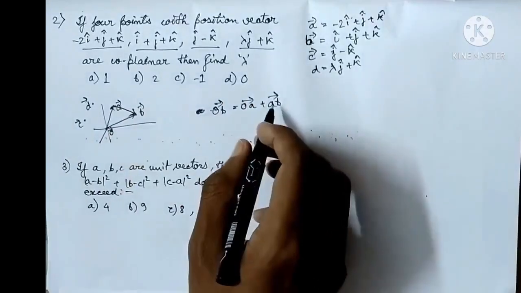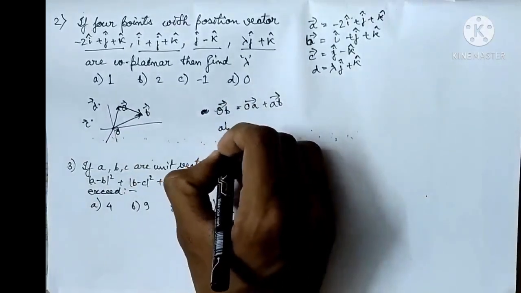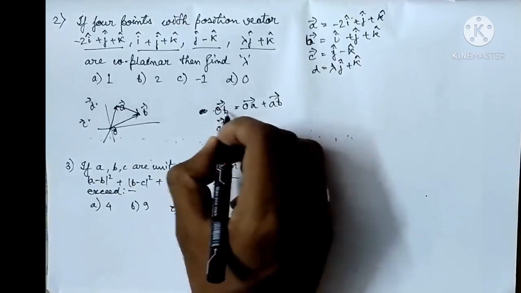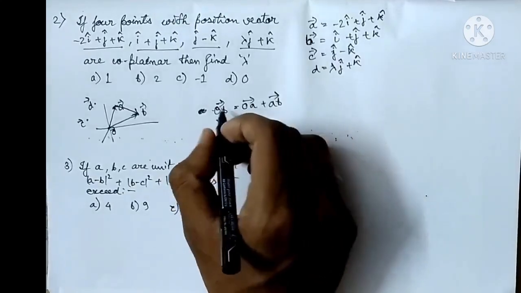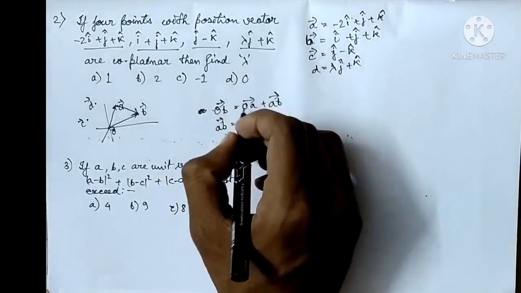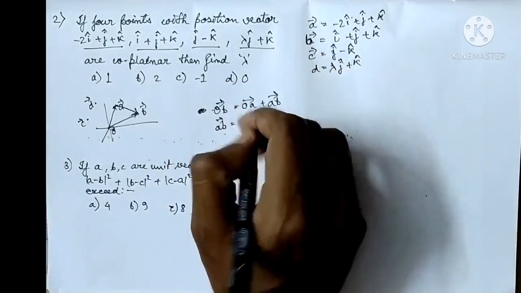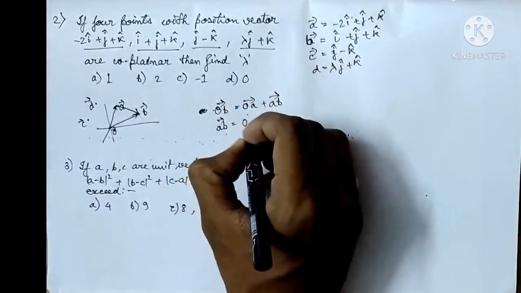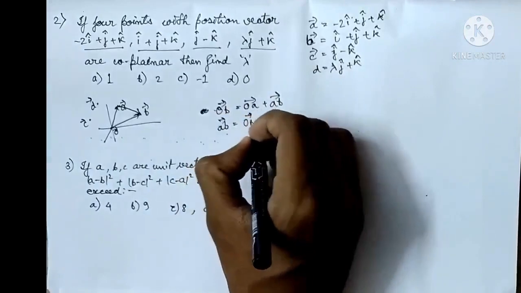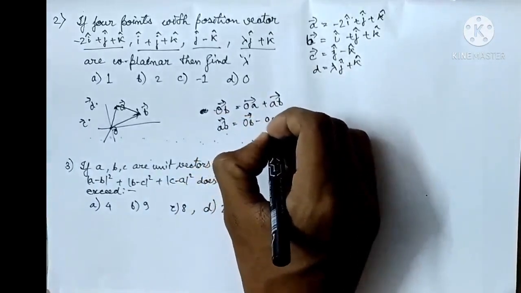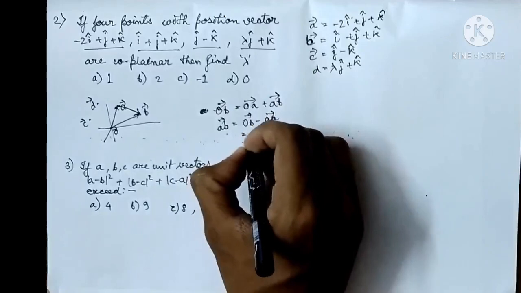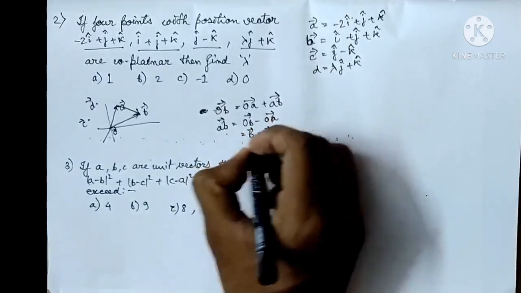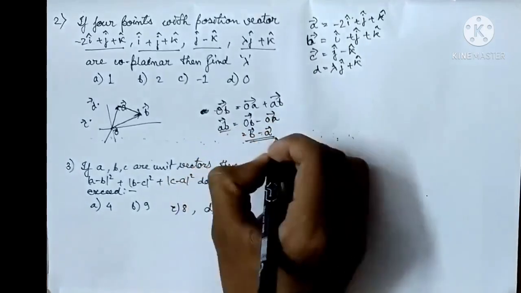Now AB is equal to... OB can be written as B, and OA can be written as A. We are just writing one more step so that there is no confusion. So AB is B minus A.